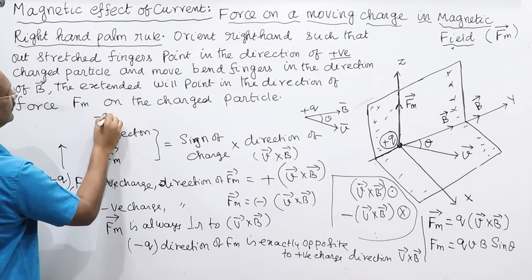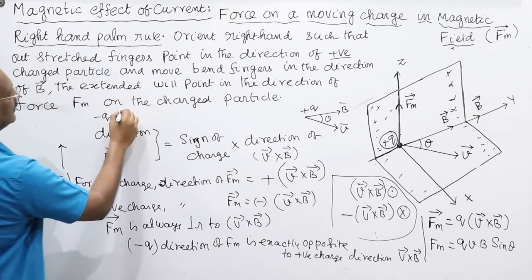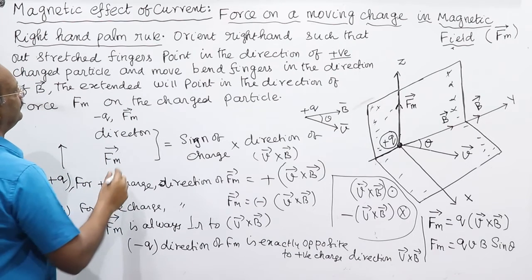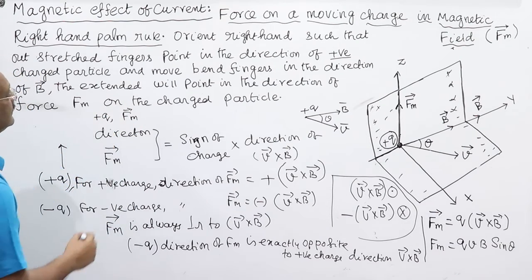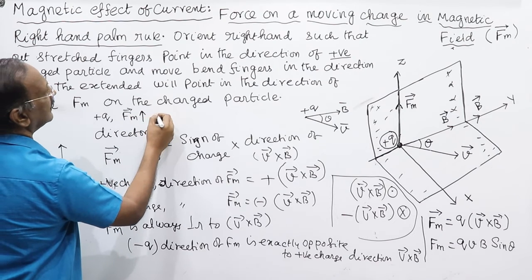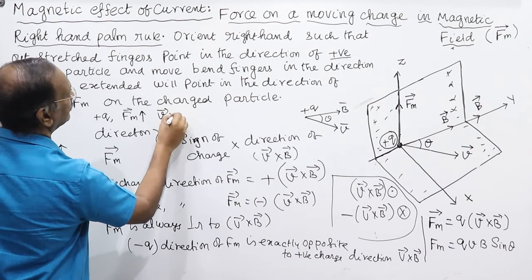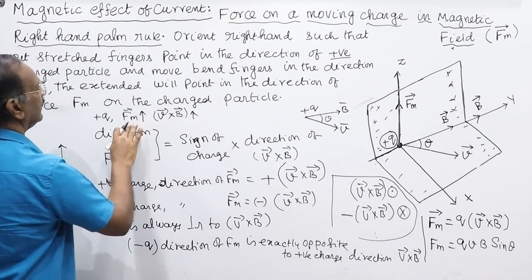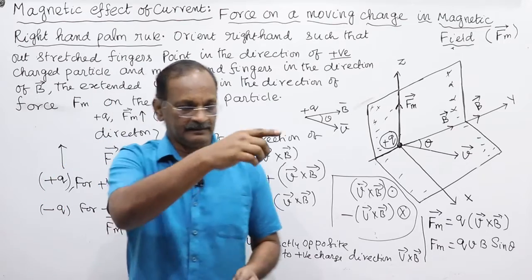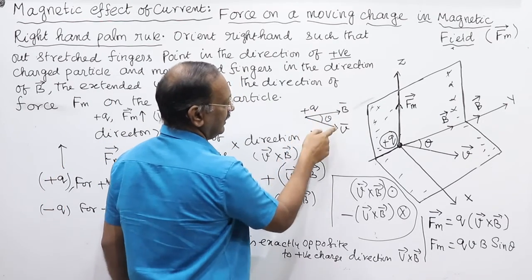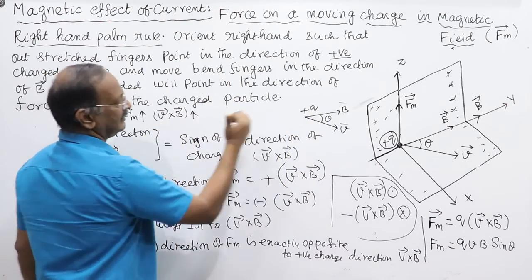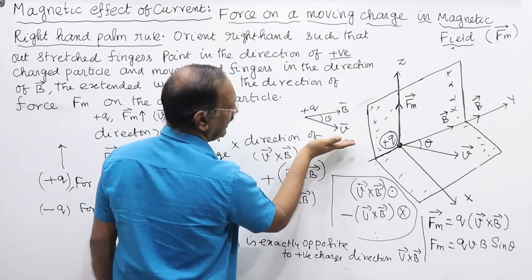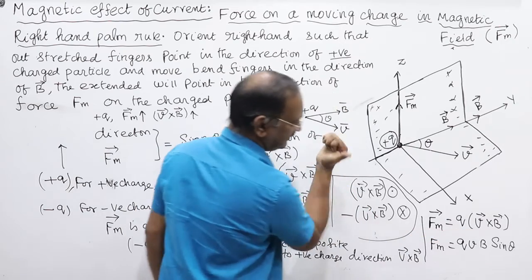For negative charge, the direction of Fm for negative charge, and for positive charge, the direction of the vector will be in this direction, as is the direction of V cross B. It means Fm is in the direction of V cross B. V cross B is in this direction, and F for positive charge is also in this direction.